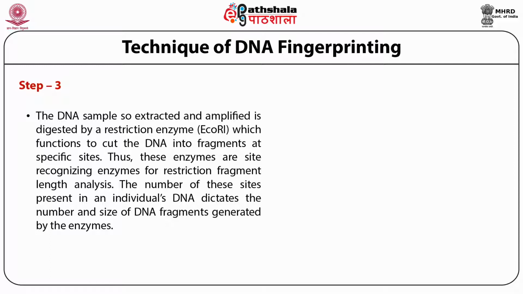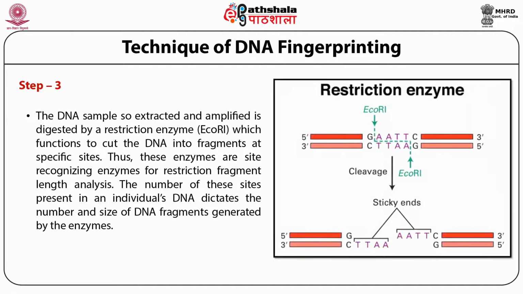The number of these sites present in an individual's DNA dictates the number and size of DNA fragments generated by the enzyme. The diagram is showing you an example of the functioning of a restriction enzyme.